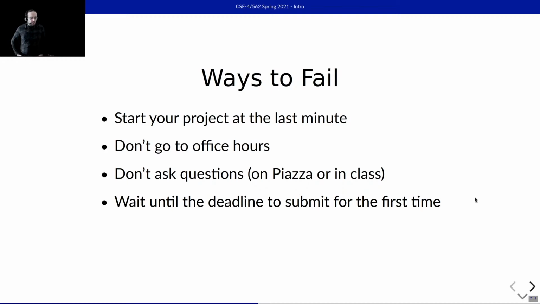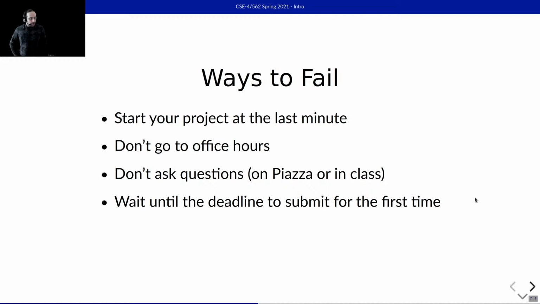And if you wait until the very last minute to submit your project for the first time, I guarantee you there will be something in the grading script or something in the format of the answers that was unexpected, and you're going to get a failing grade on that test. But it's something that literally 2 lines of code would have fixed. And if you wait until the very last minute, you won't learn about that until the very last minute either. So submit early and submit often. All right.